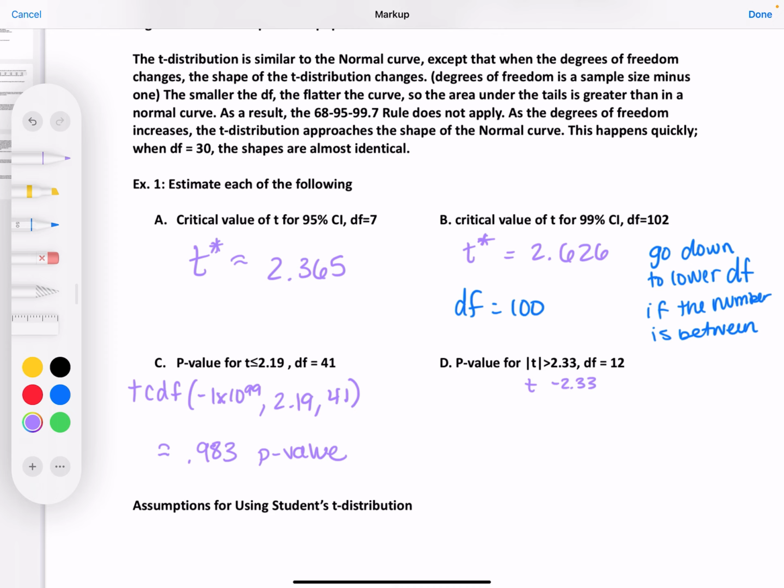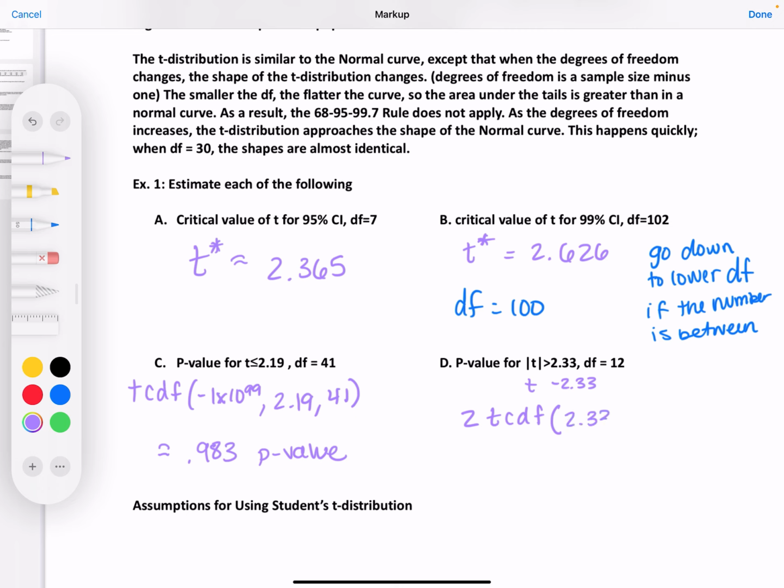So what we're going to do, because we're taking the absolute value of it, when we go to type this stuff in, we basically need two values. We're going to add that area together. If we just did this one part, it's going to give us half of it. But because there's two pieces to it, because of rules of inequalities, we have to multiply it by 2 to get our area.